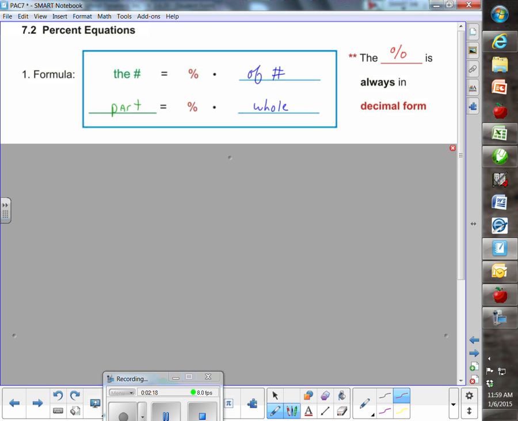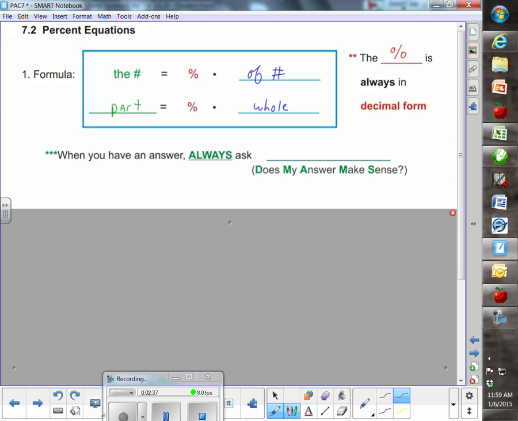You can't forget that, because if you don't put it in decimal form, you're going to get the problem wrong. That's an overriding thing. We just got to remember all the time, the percent is always in decimal form.